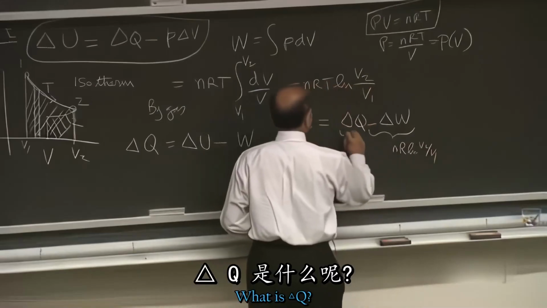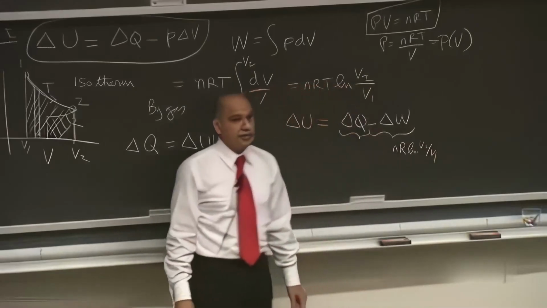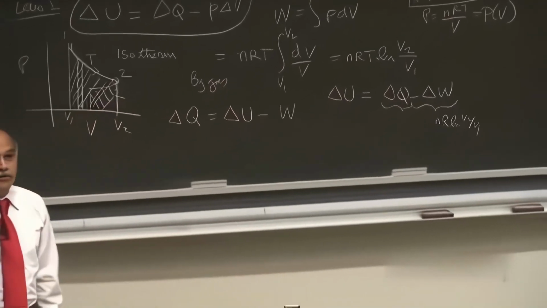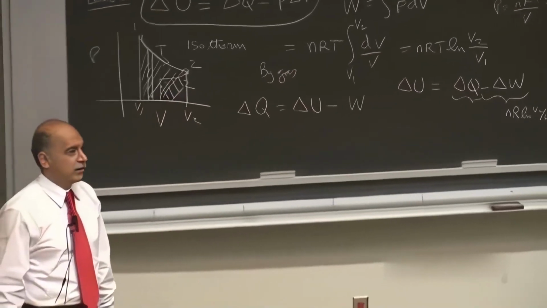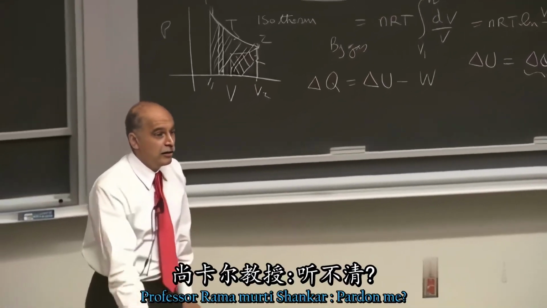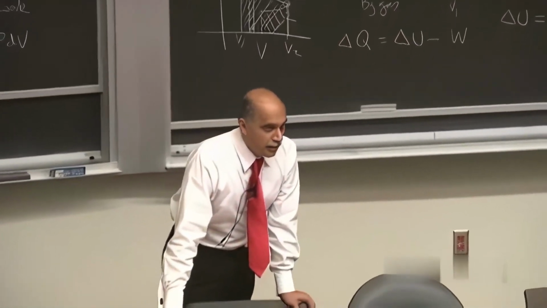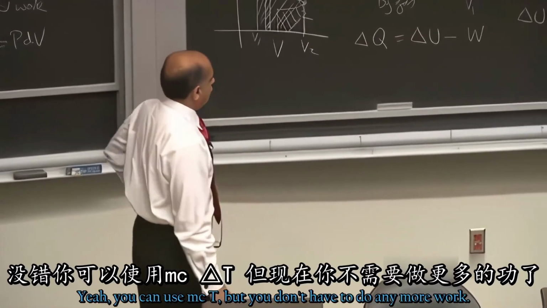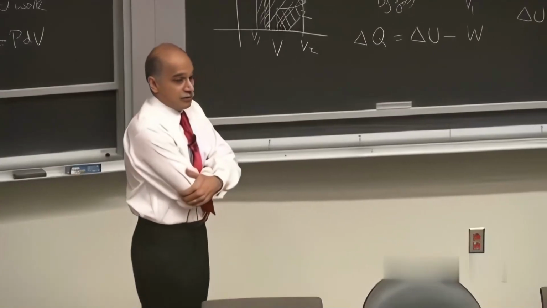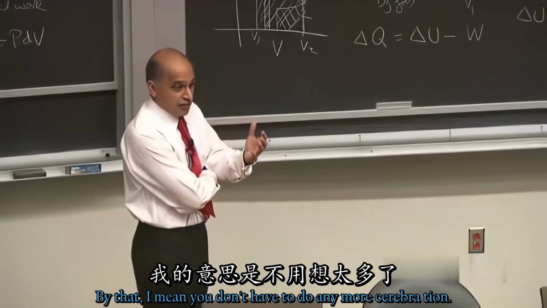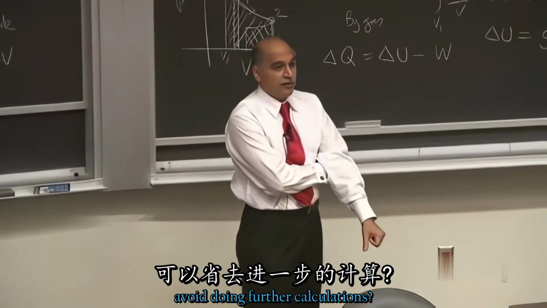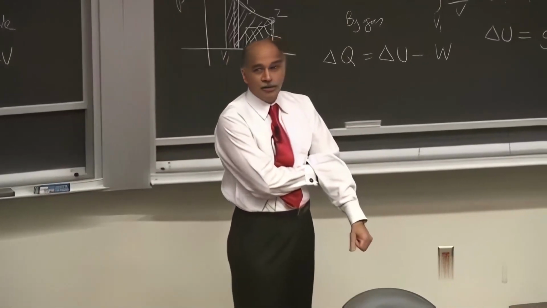What is delta Q? How much heat has been put into this gas? How do I find that? Pardon me? For the heat input, you mean? Yeah, you can use MC delta T, but you don't have to do any more work. By that I mean you don't have to do any more calculation. What can you do with this equation to avoid doing further calculations? Do you know anything else?